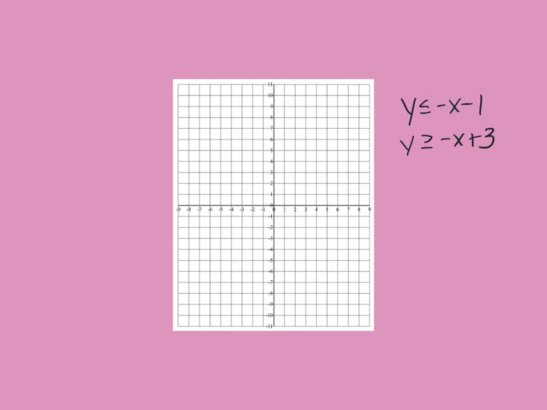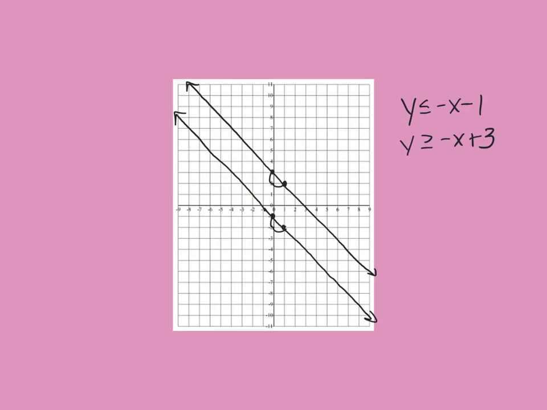So I'm going to quick graph these off camera. Okay, so I just graphed the lines. I haven't done the shading yet. I used a solid line on both since both of the symbols can also be equal to. So now I'm going to go ahead and shade. So here's my -1 y-intercept. Here's this first inequality. Here's the line.